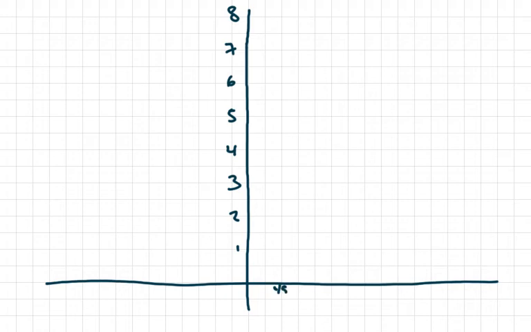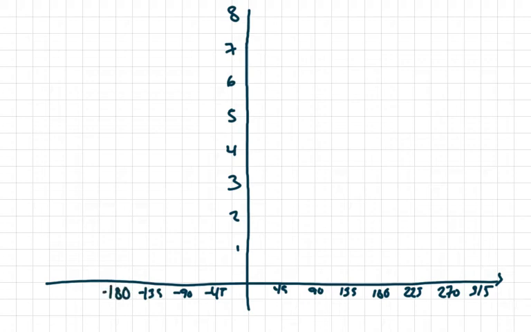So 45, then skip a line, 90, skip a line, 135, 180, 225, 270, 315. And then also the negative side, negative 45, skip a line, negative 90, negative 135, and negative 180.